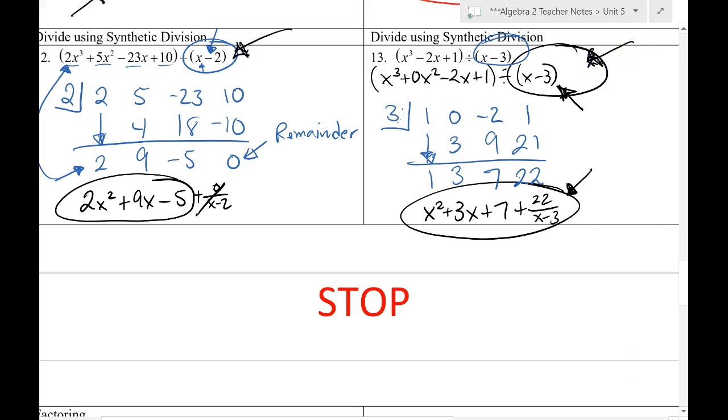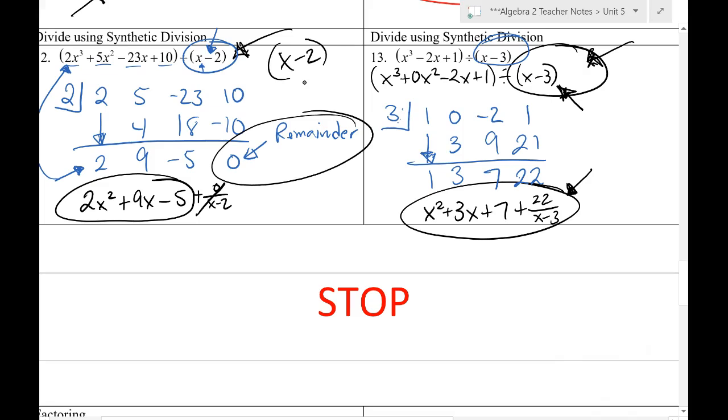If we divide it into the original polynomial, and the remainder happens to be 0, like it is over here on the left, that means that x minus 2 is actually a factor of the original polynomial.